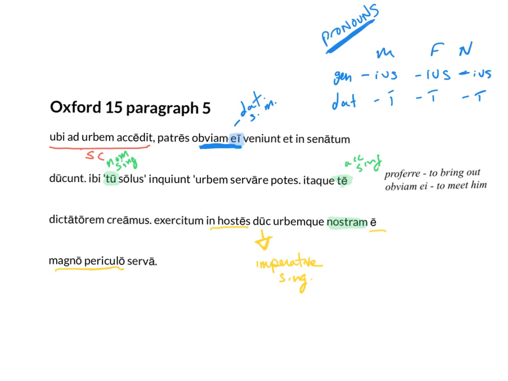What word does it modify? Urbem. Exactly. So feminine, accusative singular. Urbem is feminine, accusative singular. Remember, nouns and adjectives agree in 3 things: gender, number, and case. So save our city, nostram urbem, from a great danger.